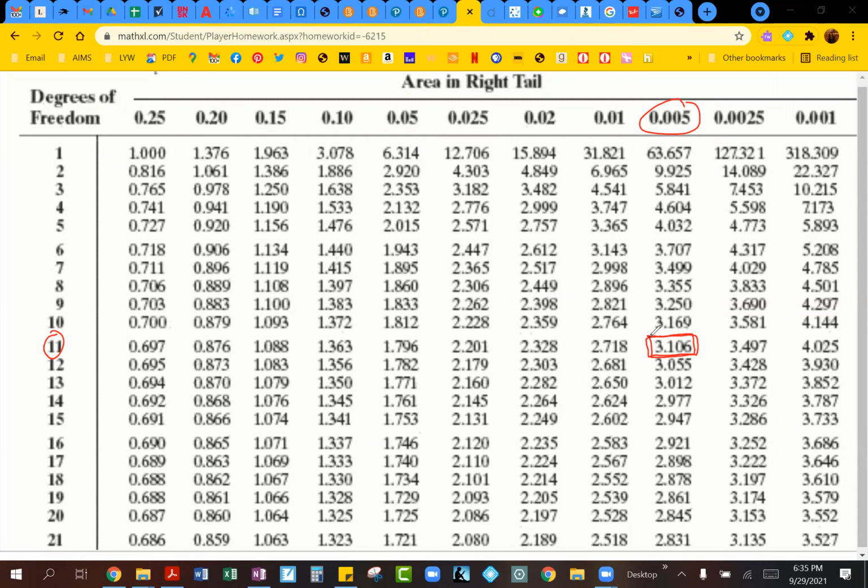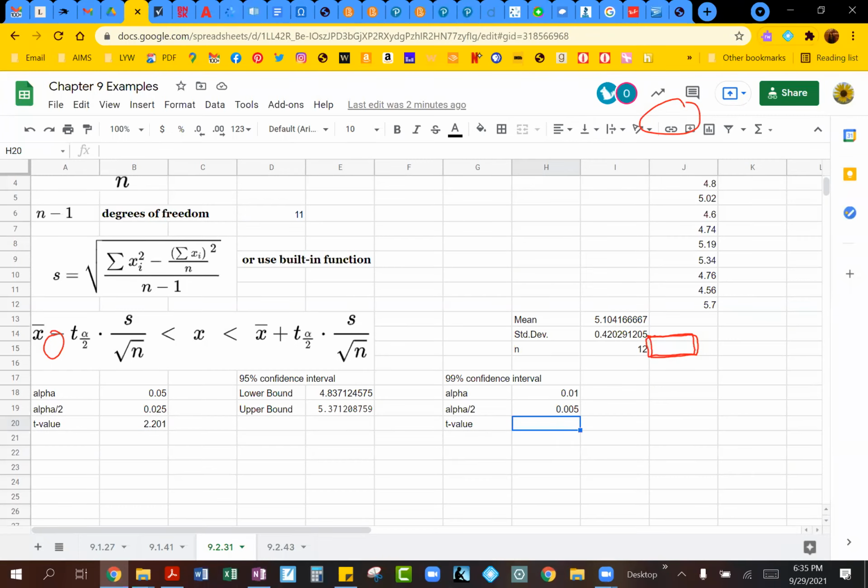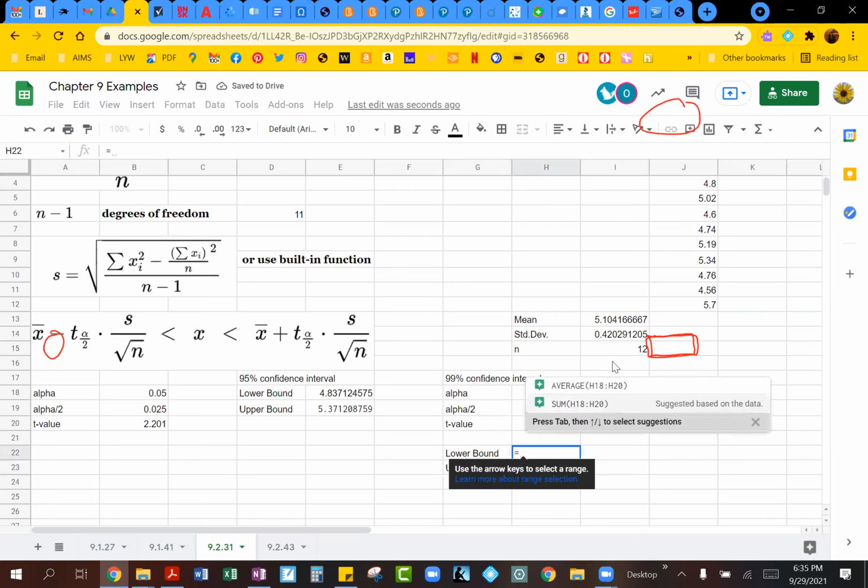So 3.106, let's go ahead and put that in here. So honestly, a lot of our formula is still going to stay the same. And let's do it over here. We've got our lower bound, upper bound. So, X bar, of course, is still going to stay the same.